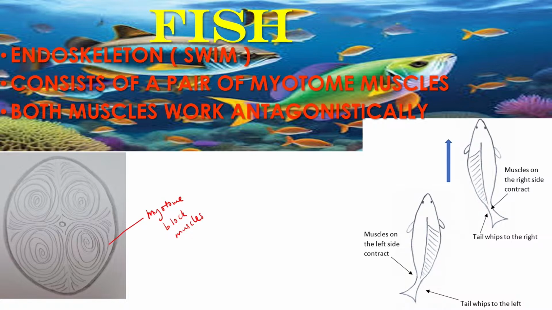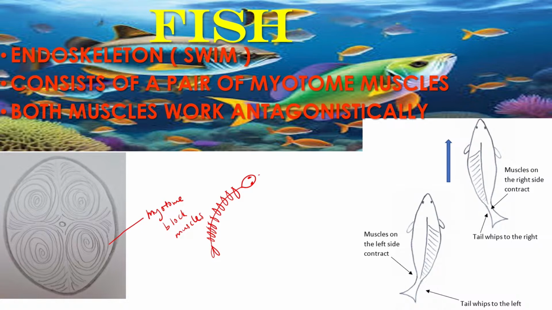If you see here, let's say the fish moves to the right hand side. What happens to the myotome block muscles? The line that I drew is the vertebral column, and it is covered with myotome block muscle.